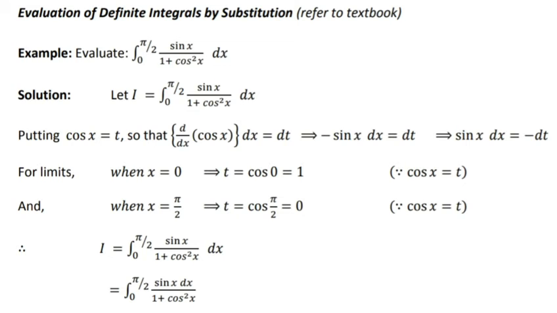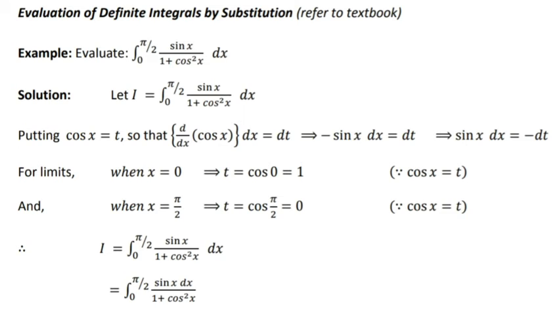Why do we change the limits from 0 to pi by 2? It is because we will be getting a new graph or a new integrand after we have done the substitution. And so that we get the same amount of area, we have to readjust the limits.